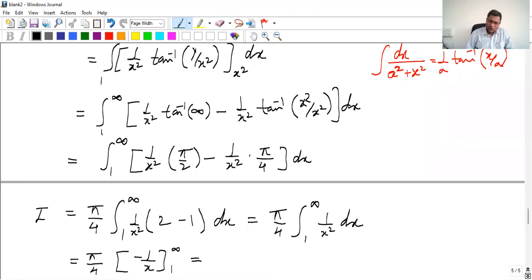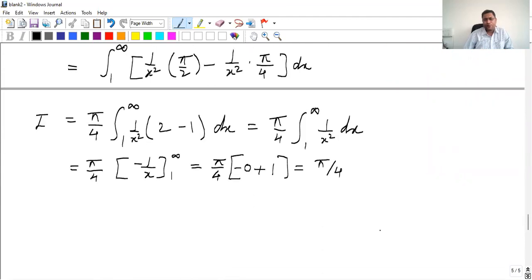So this is equal to pi by 4. If we put infinity, this is going to be 0. Minus minus plus, and if we put 1, it is going to be 1. So finally, this is going to be pi by 4.